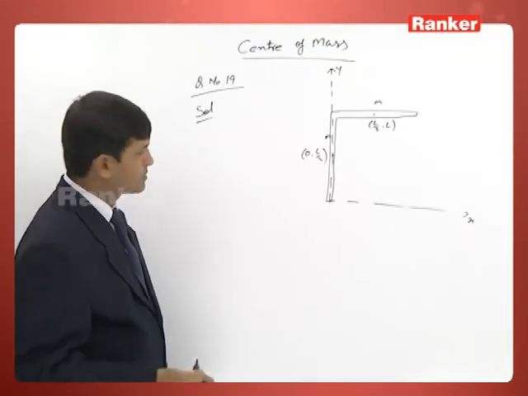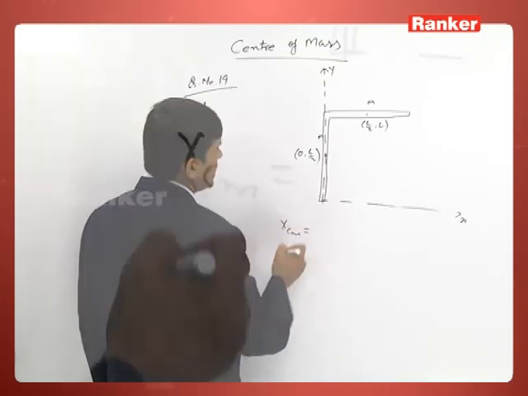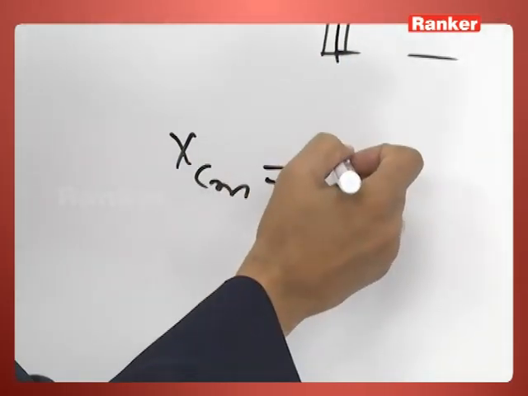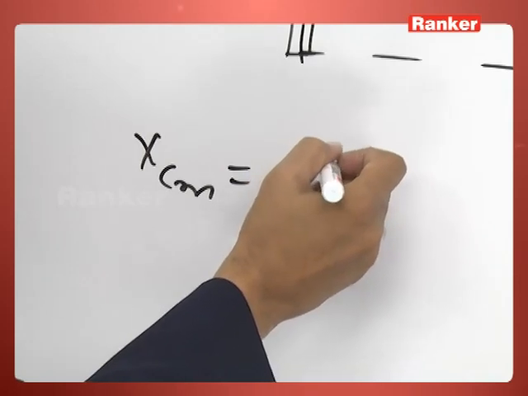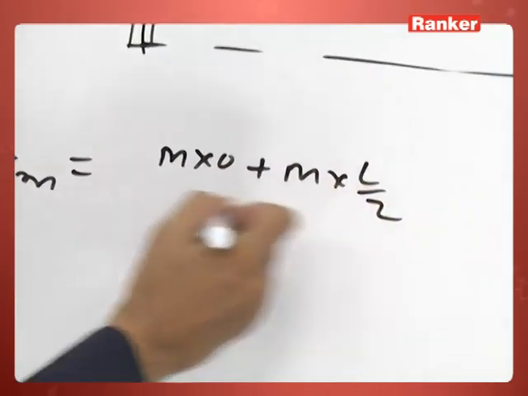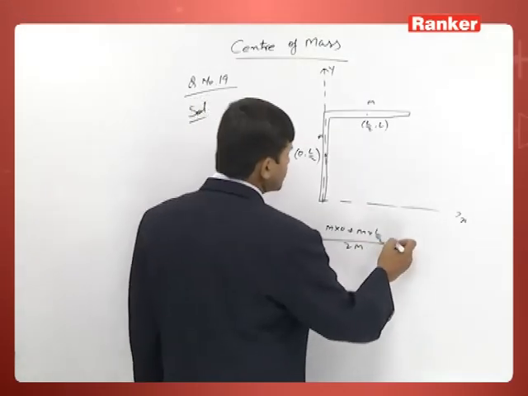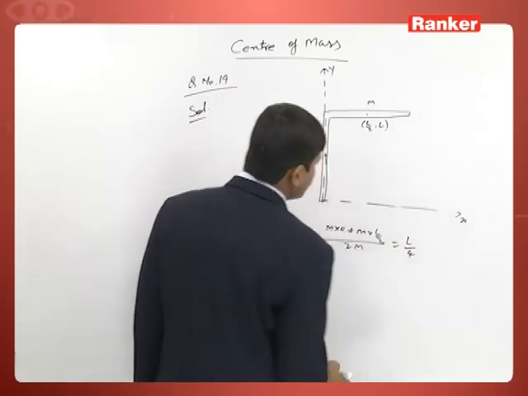So see, if we look here at X_CM for this, M1 means M into 0 plus M into L by 2, total mass 2M. So this is L by 4.